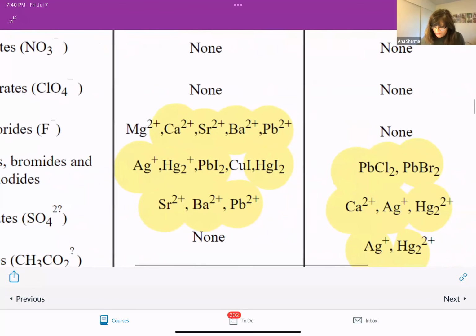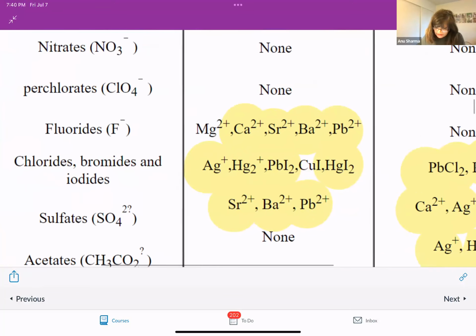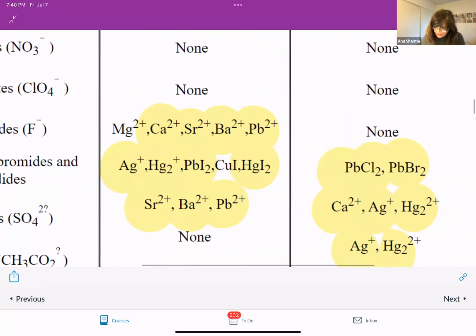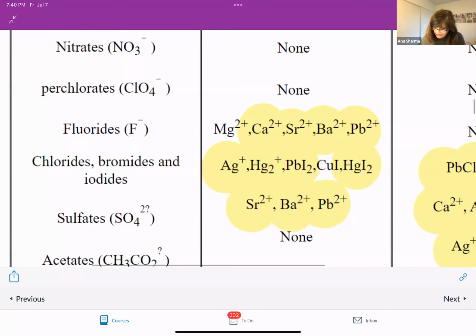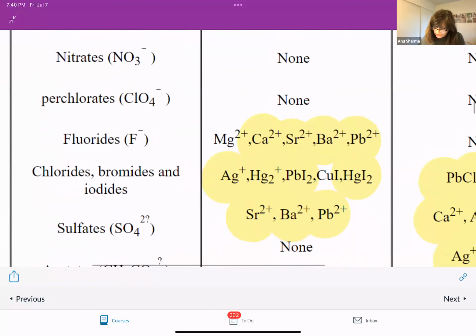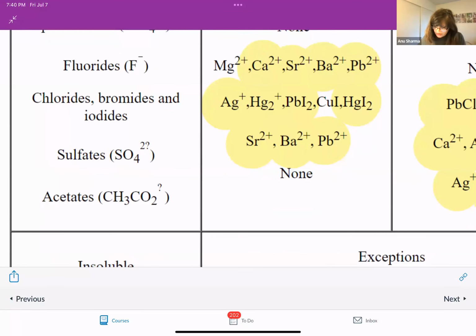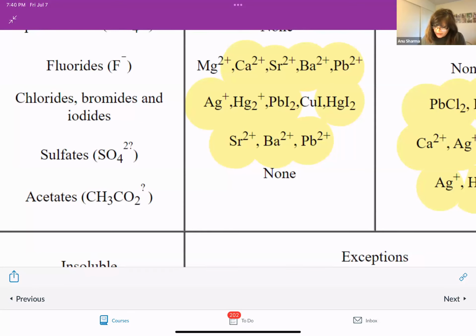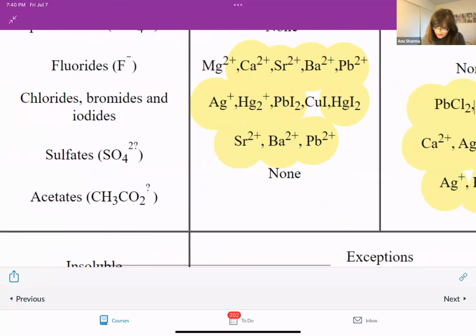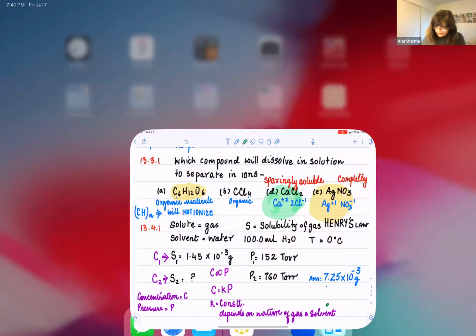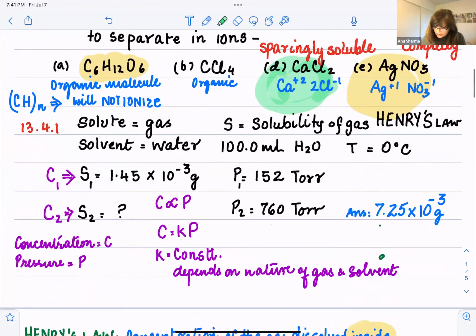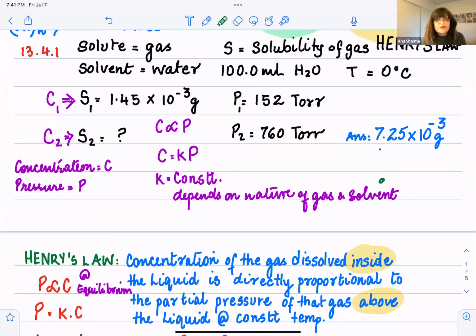In this table it's not listed, but chloride, bromides, iodides of lead, mercury, silver are still sparingly soluble. Calcium chloride could be sparingly soluble, because fluorides of calcium, barium, strontium, lead, and mercury are sparingly soluble. Chloride, bromide, iodides are also sparingly soluble. So keep that in mind. But it could also be fully soluble, it depends. You can increase the temperature, or add more of the solvent, and it can dissolve.